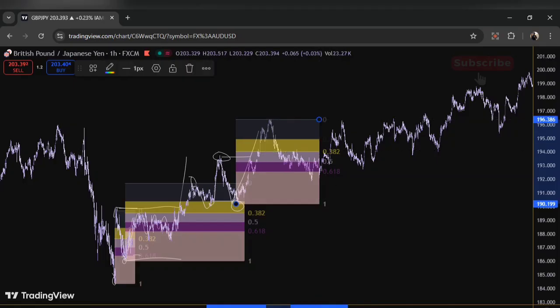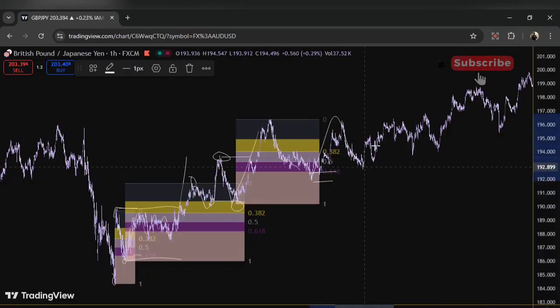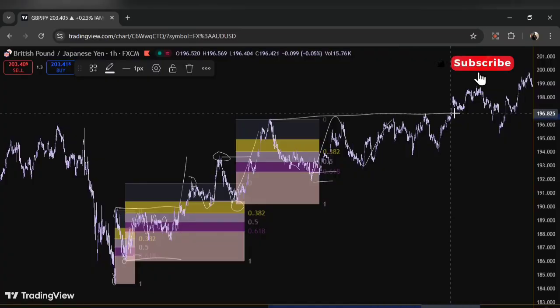Alright, remember we use the Fibonacci tool to track the retracement phase. So now can you see that when price started pulling back, it came back to that 0.618 zone, tapping into this 0.7 something zone. These are golden zones, right? And as you can see, price traded and broke structure again, although it did not break structure immediately.